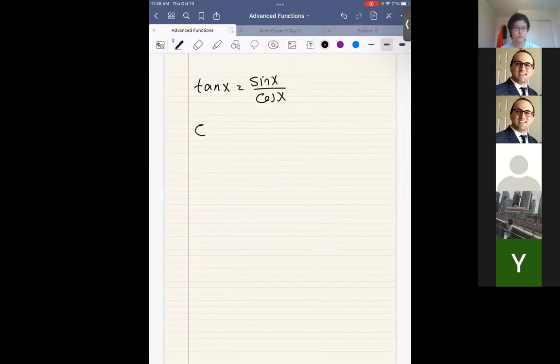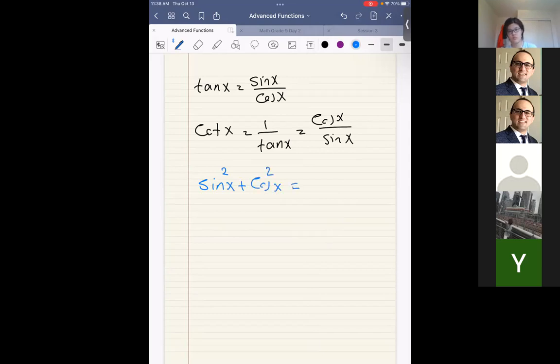And cotangent of x is equal to 1 over tangent of x. Maybe the most important identity involving sine and cosine is this one: sine square of x plus cosine square of x equals 1.